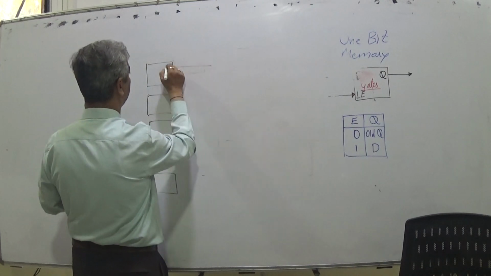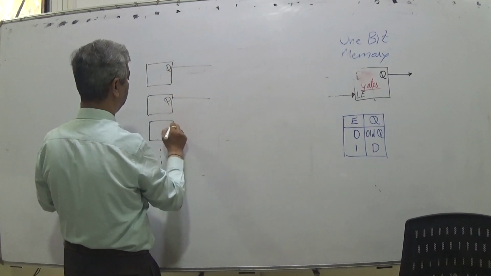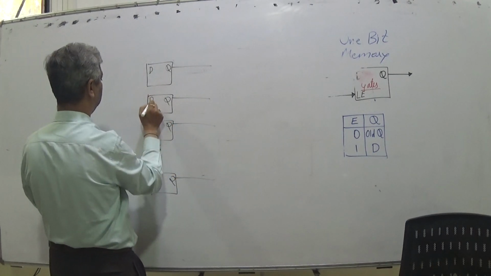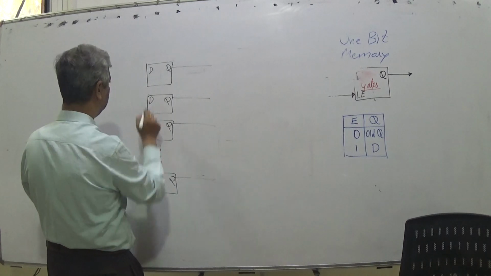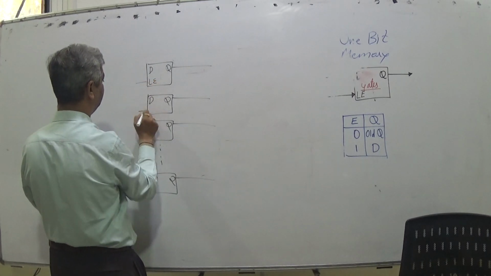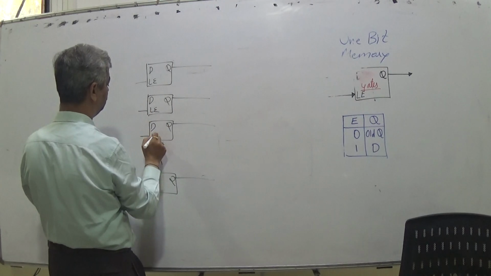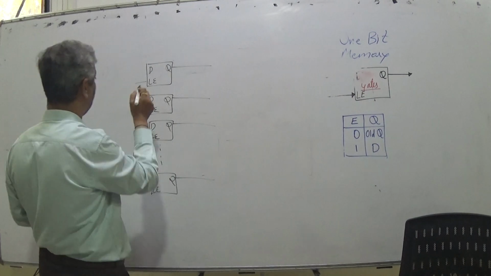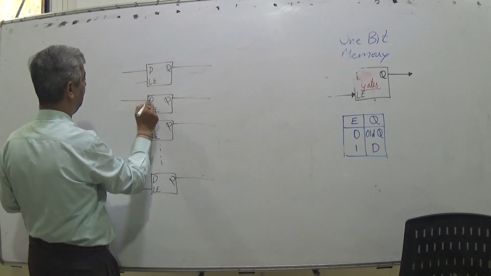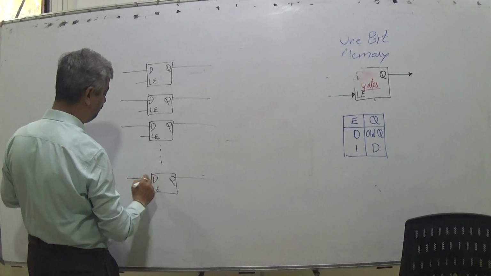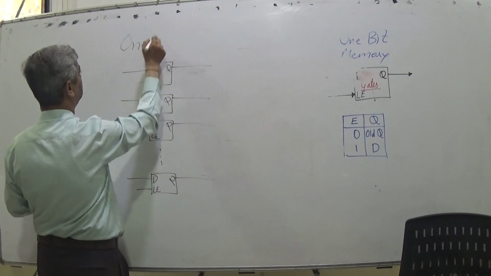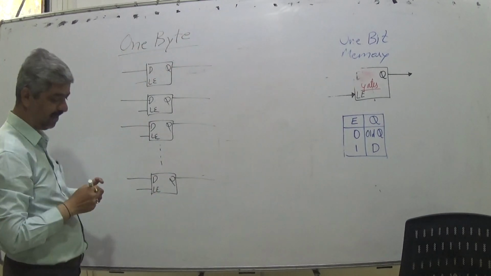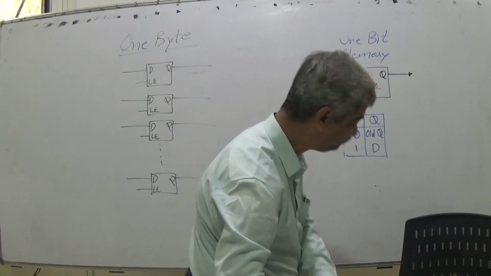Each of them is having Q. Each of them is having D. Each of them is having LE. So this would be my 8-bit or 1 byte memory location.